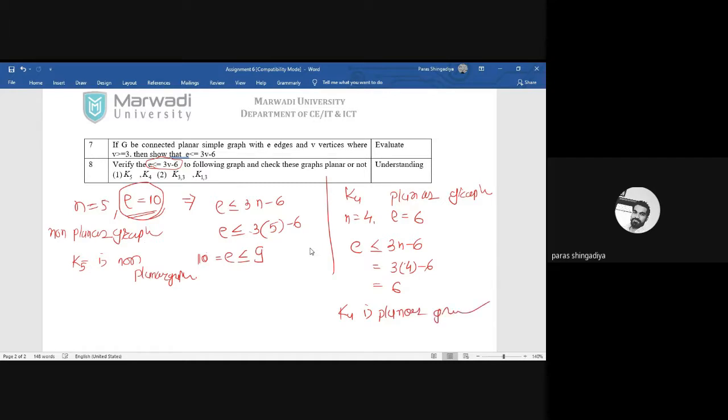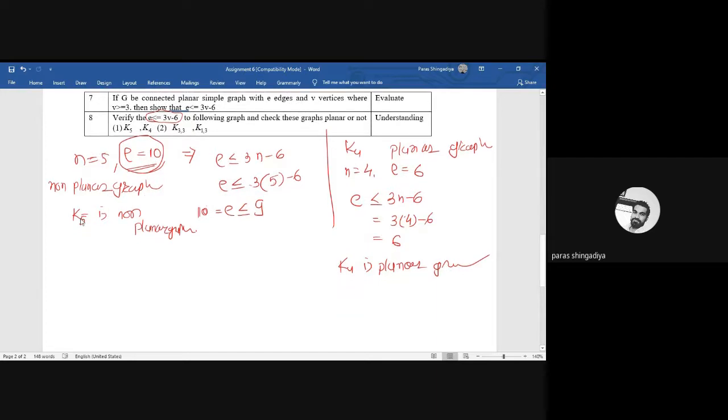And then after, check this concept for K33. So in K33, vertices are 6 and edges are 9. Clear? Edges are 9, vertices are 6. As we know that it is a non-planar graph because we also verified it. So how many edges should be there up to 3n minus 6 to say it is planar?